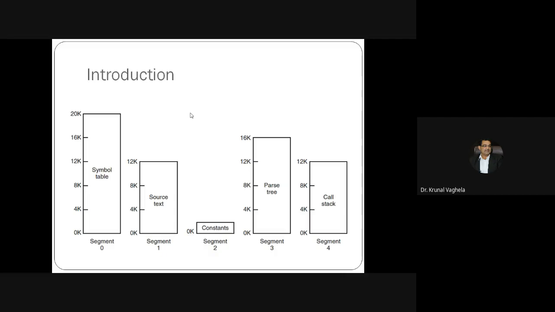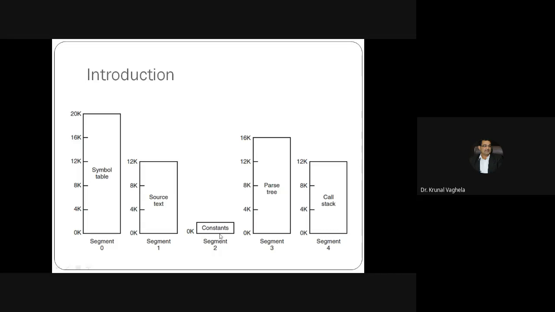Now graphically, see this. This is the symbol table, because it contains variables, so usually the size will be large, and you can see that addresses start from 0. Segment 0 is for the symbol table, 0 to 20K. Segment 1, 0 to 12K, is for the source text.